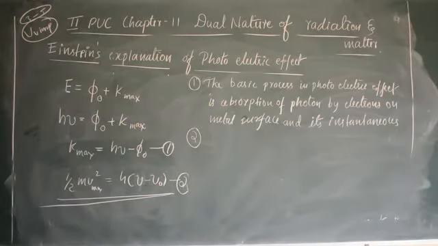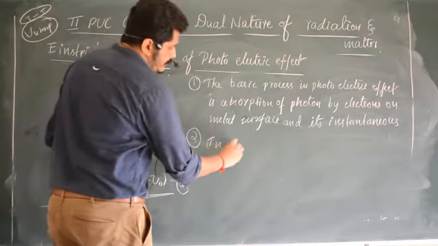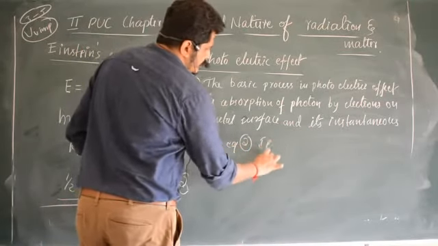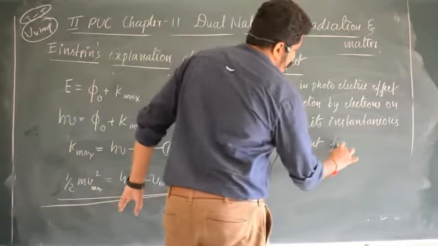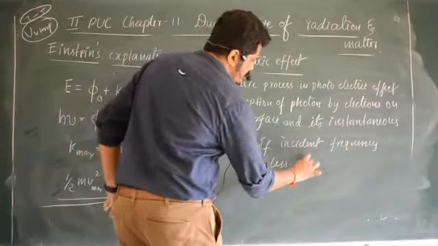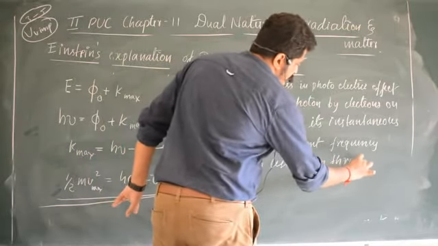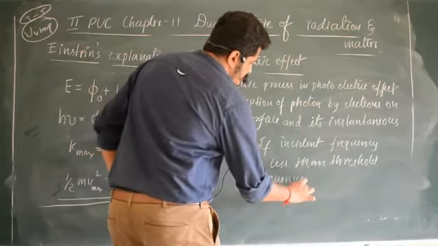Okay. Second one, what is that? In equation 2, if incident frequency is less than threshold frequency, what happens?